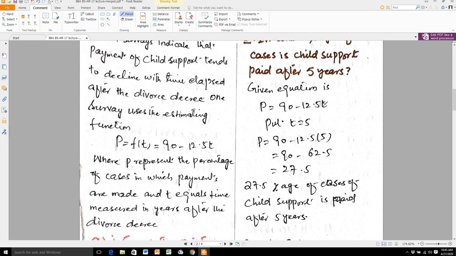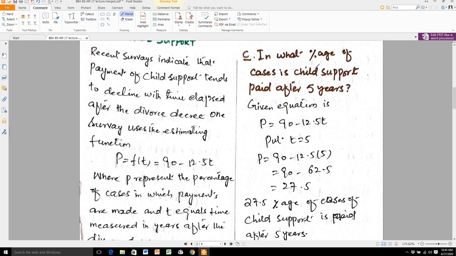So you substitute t is equal to 5. You get P is equal to 90 minus 12.5 into 5. You get 90 minus 62.5, and you simplify this, you get 27.5.